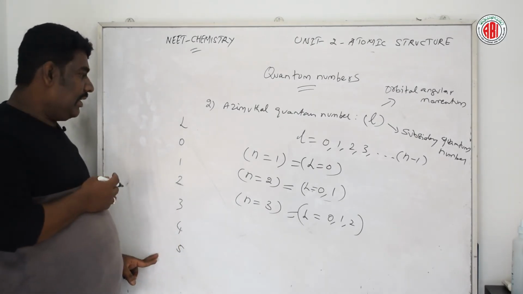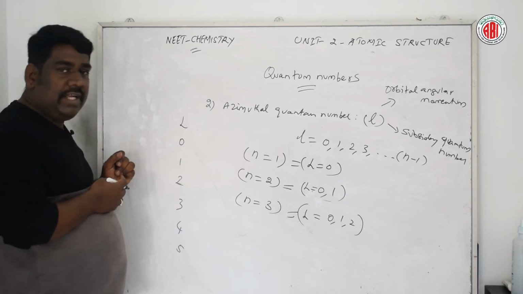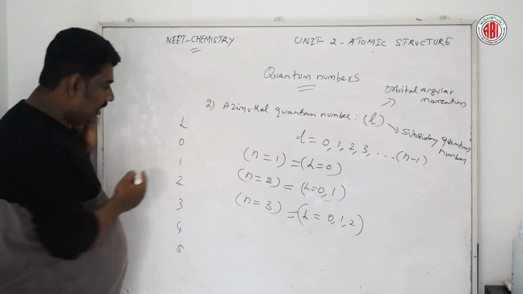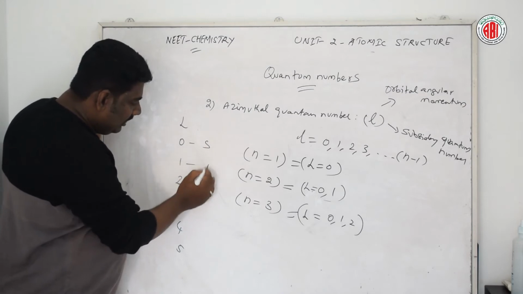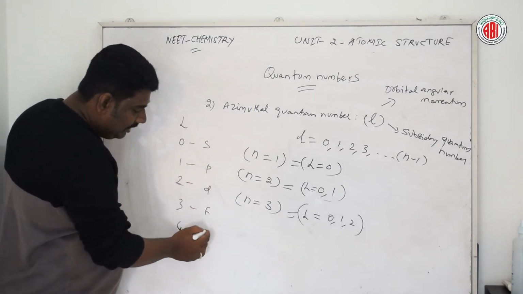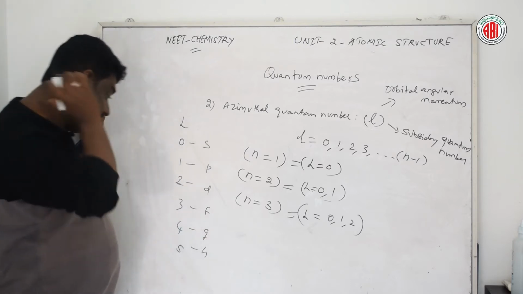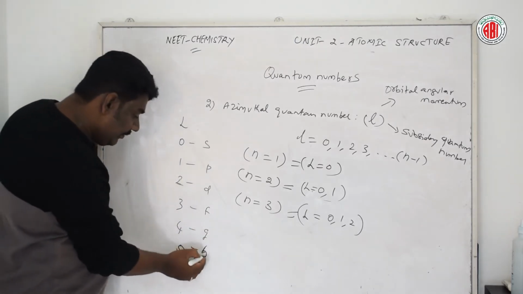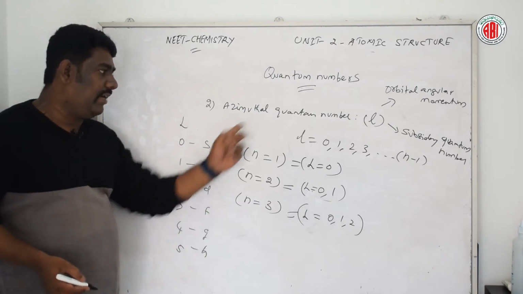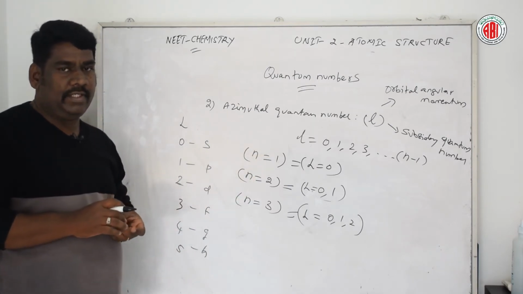Then the designation of the subshells: 0 stands for S, 1 stands for P, and then D, F, G and H. These are called the designations of the subshells of the azimuthal quantum number.